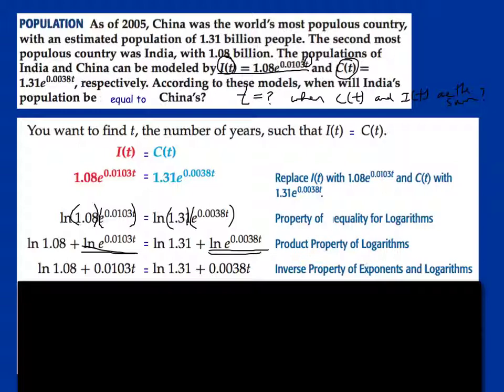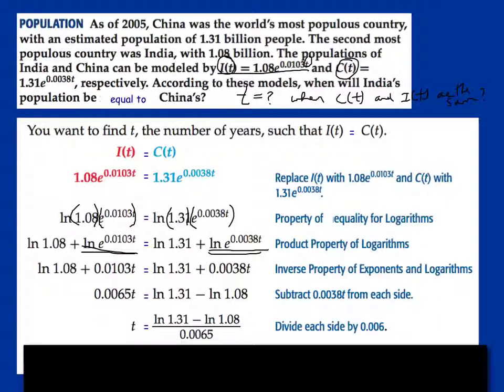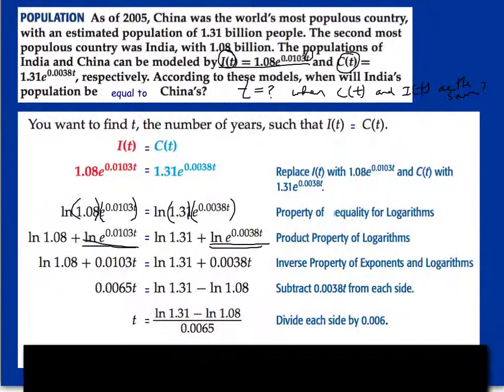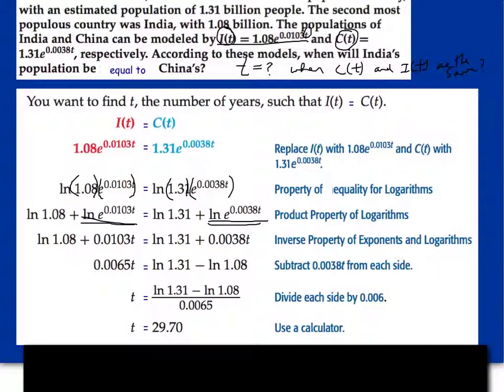Now we're going to isolate our terms with t in them, and this is what we get. Then we put this all in our calculator, and we should get t equals 29.70. So that's the number of years that it's going to take for India to catch up to China.